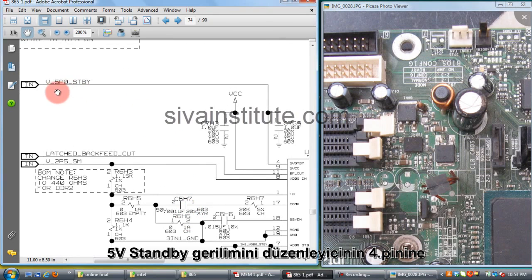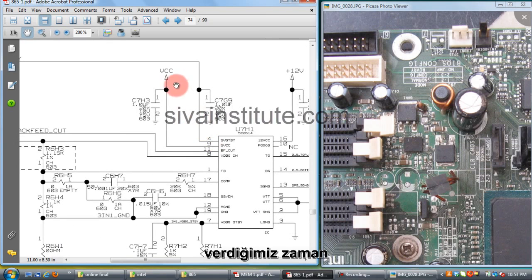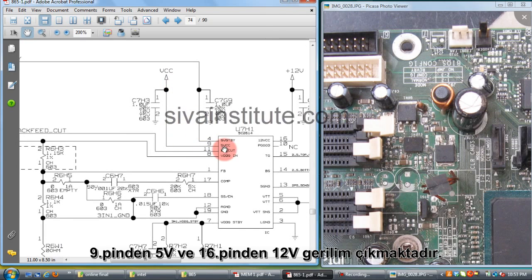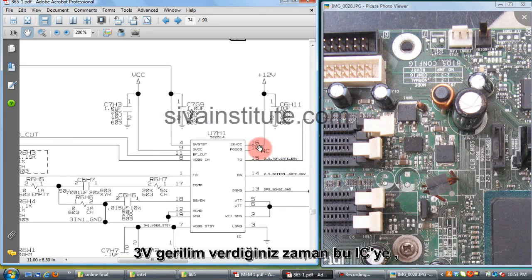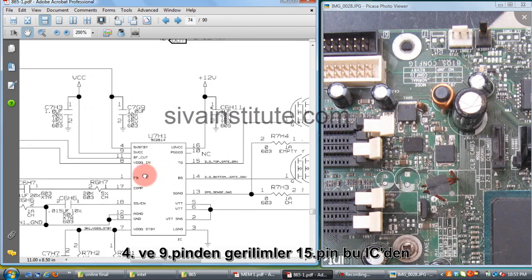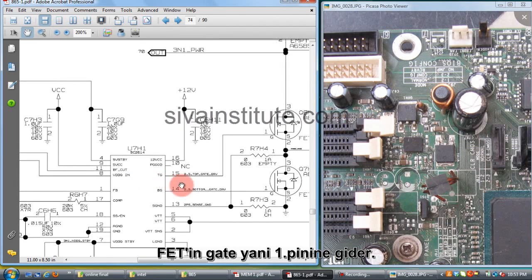When you give 5 volts standby voltage to pin number 4, VCC 5 volts to pin number 9, and 12 volts to pin number 16, the output voltage comes out from pin number 15. 2 volts output comes out from this IC to gate 1, pin number 1.